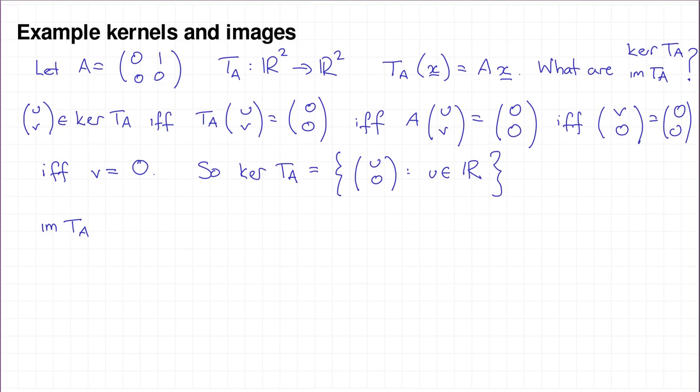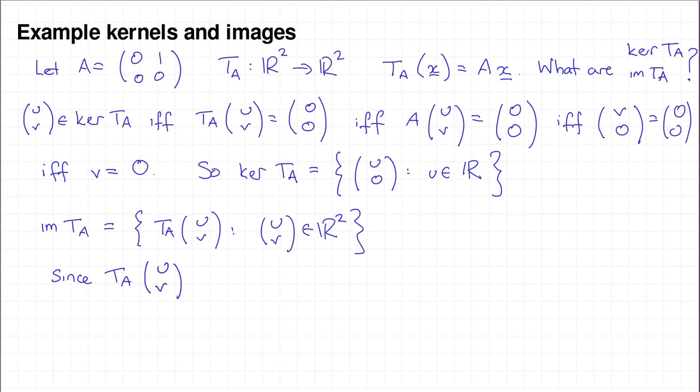So the image of TA is the set of all things TA of (u, v) for all vectors (u, v) in R squared. That's the definition of the image. So if we want a simpler description of this, we can look at what TA does to a vector (u, v). So TA applied to a vector (u, v), that's A times (u, v), so let's write A out.